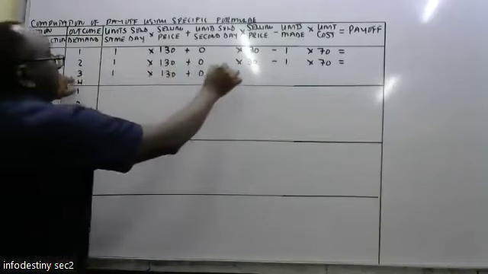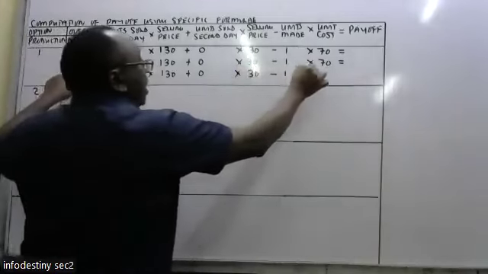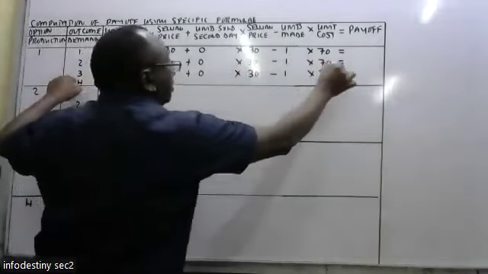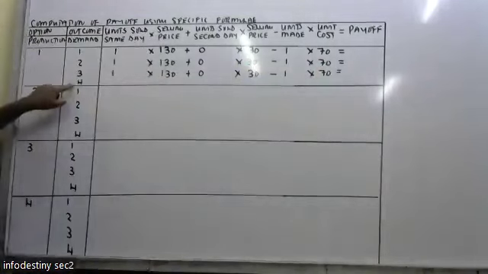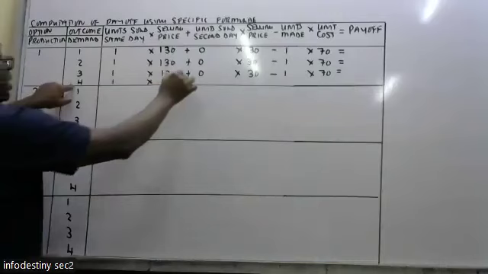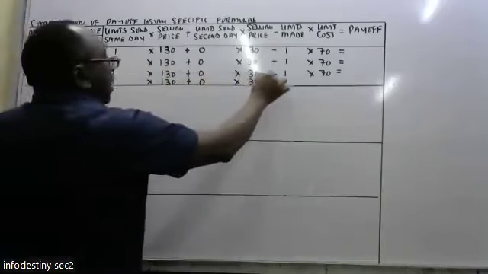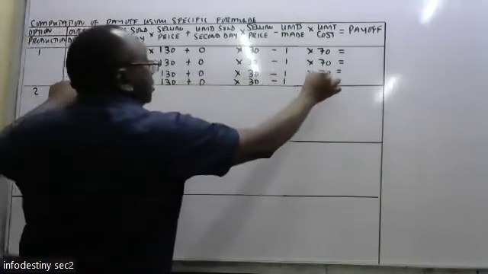There is nothing that remains to be sold at 30 shillings, and you have produced 1 at what? 70. If 4 customers come, you sell 1 at 130, and there is nothing that remains to be sold at 30, and you have made 1 at what?